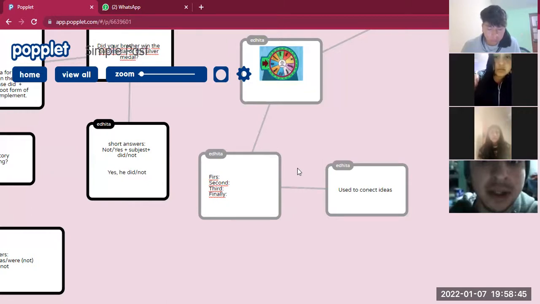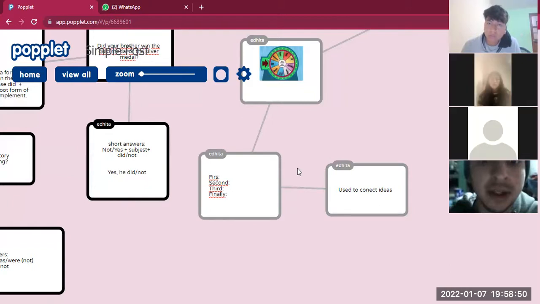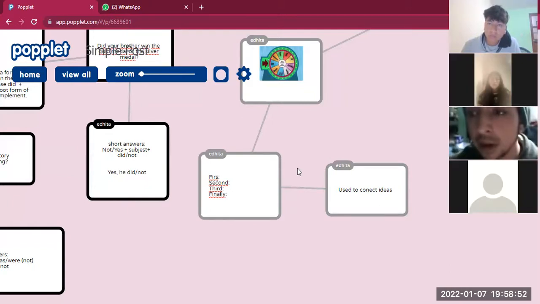For example, we can connect two sentences. We can say, I was in the park. And another sentence, I went to the cinema. And we use connectors.